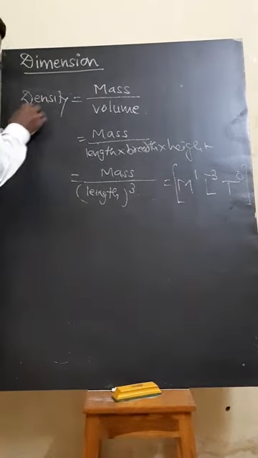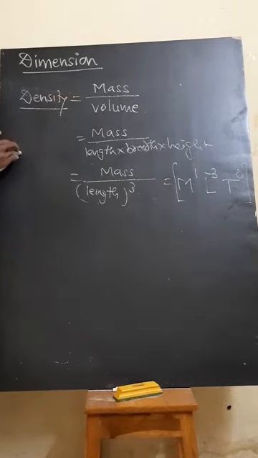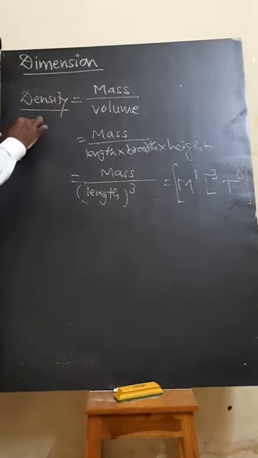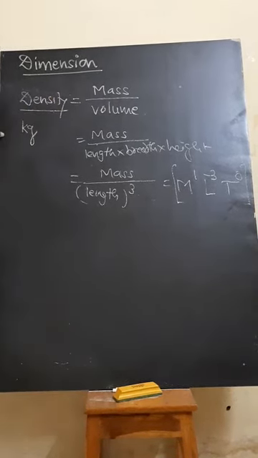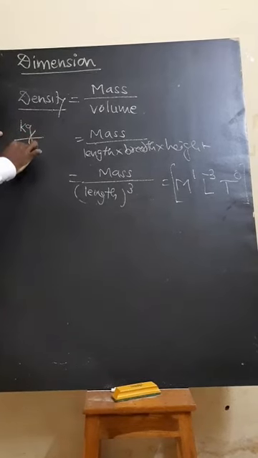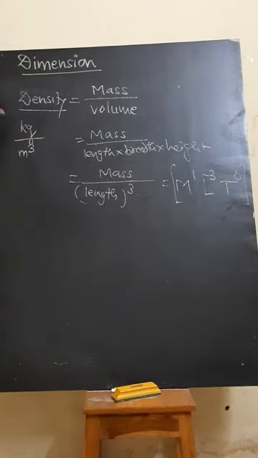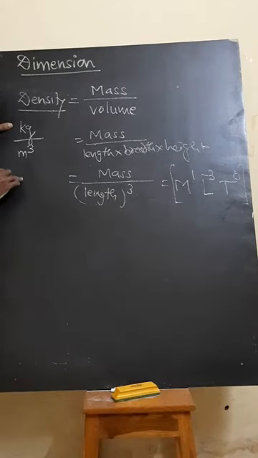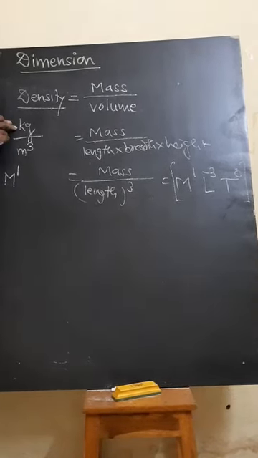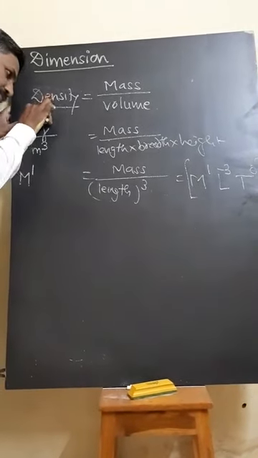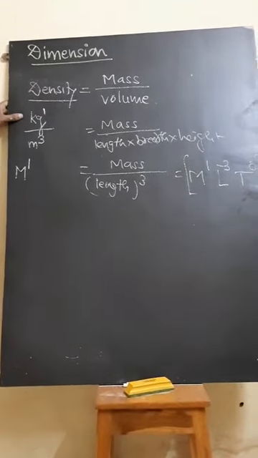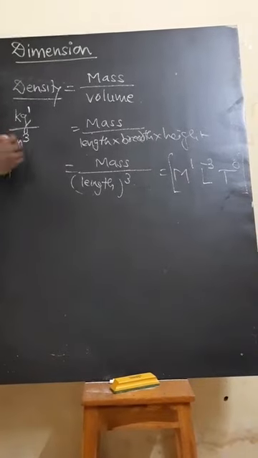But if I know the unit of density from the formula, mass is expressed in kilogram and volume is expressed in meter cube, so it will be very easy. Kilogram is a unit of mass, and there is only one power of the kilogram, so M raised to 1.